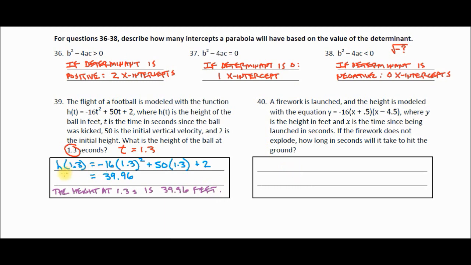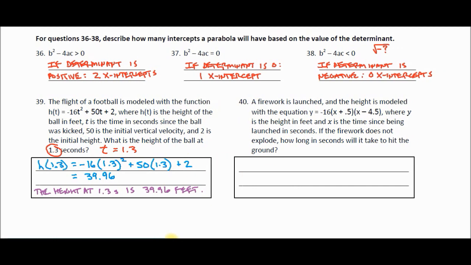All right, so just plug in the t value and out comes the y value, which in this case is the height of the football. All right, number 40.